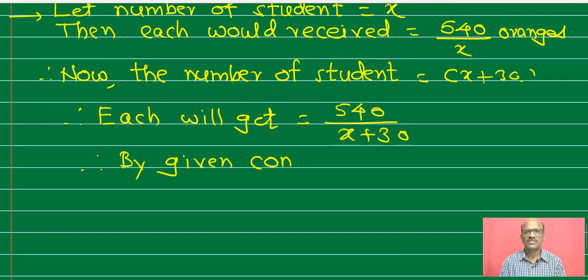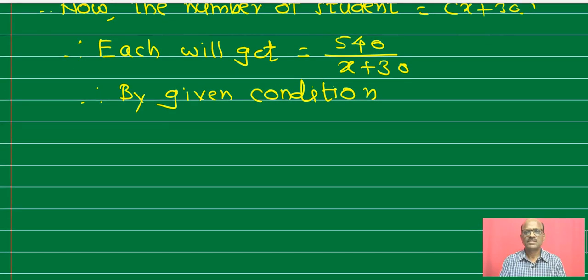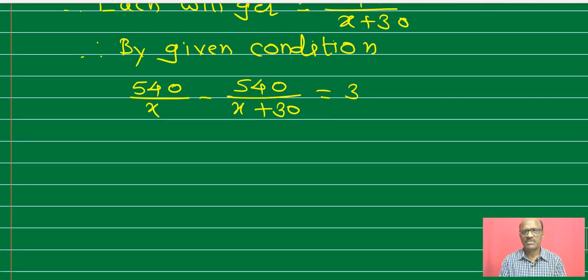By the given condition, 540 upon x minus 540 upon x plus 30 equals 3. Now simplify this.